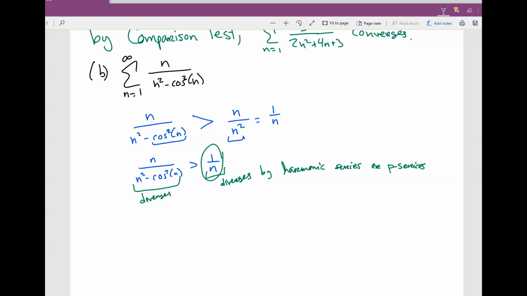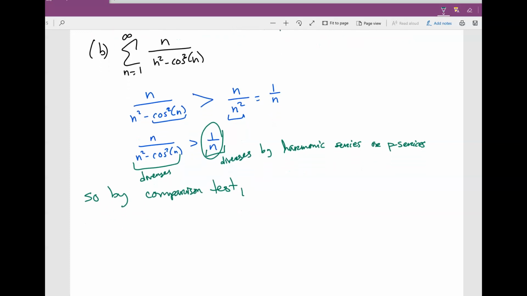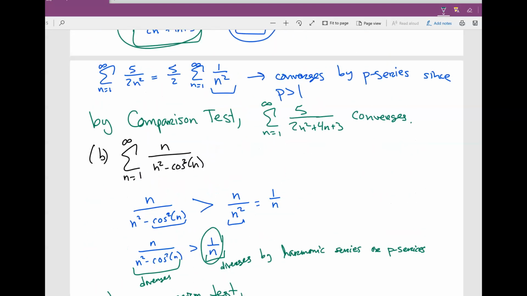So by comparison test, the sum from n goes from 1 to infinity of n over n squared minus cosine squared of n diverges. And that's basically from number 2.